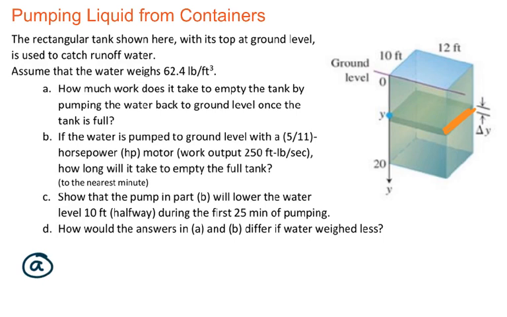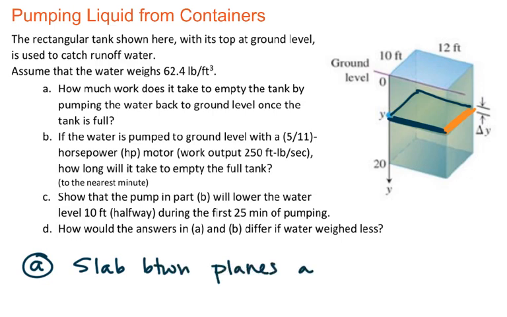First thing we're going to talk about is that slab, right? This rectangular prism slab that we have. So the slab between the planes at y, and then the distance y plus delta y, some change in y, has a volume.